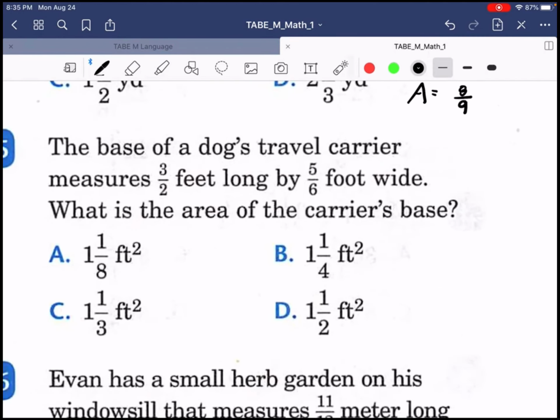All right. The base of a dog's travel carrier measures 3/2 feet long by 5/6 foot wide. What is the area of the carrier's base? So I'm just sketching a picture. I always like to do that if it's that kind of problem.